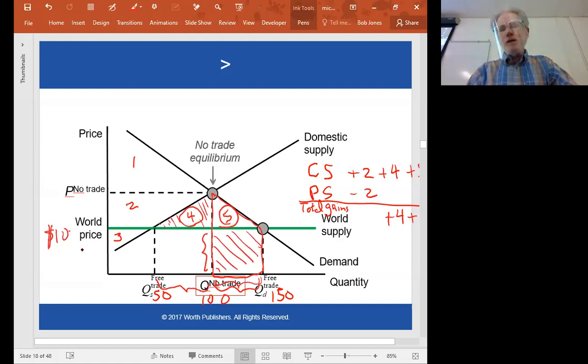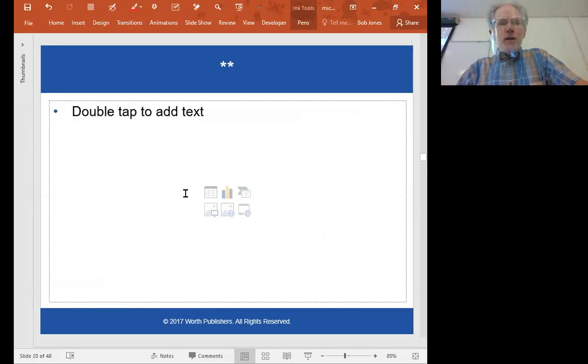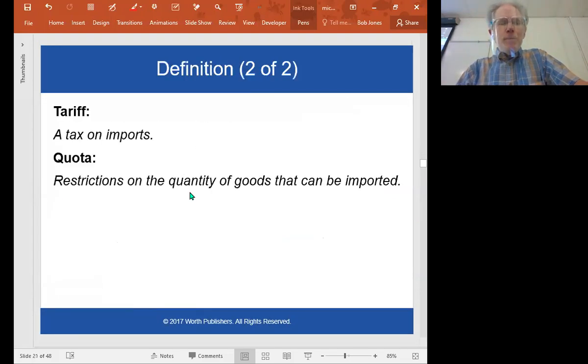So this is basically the economic argument for free trade, that it benefits the economy as a whole because it gives us a more efficient use of our resources. Okay? All right. So we've made the case.